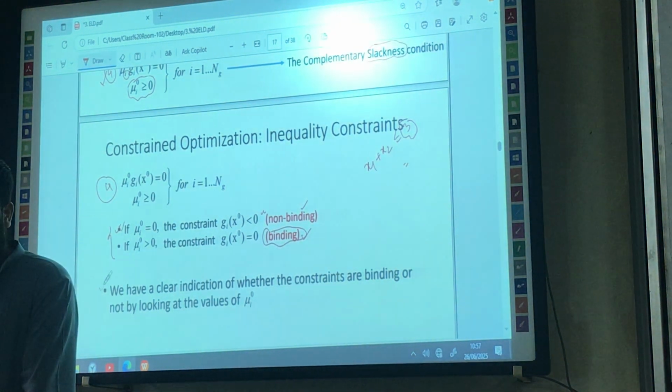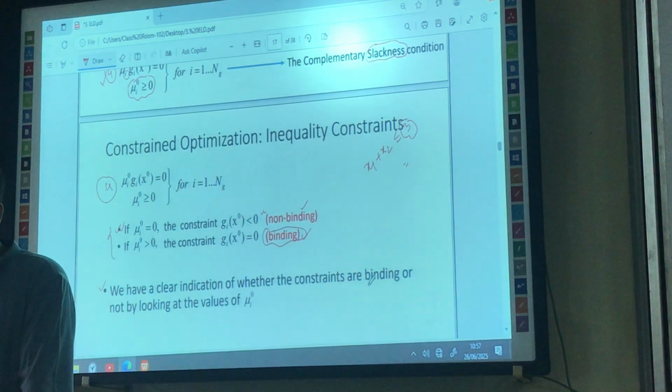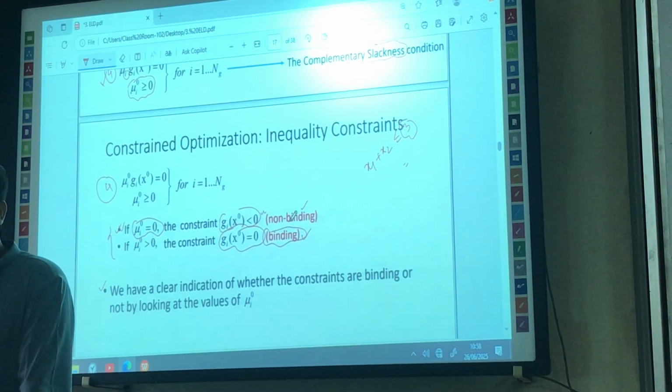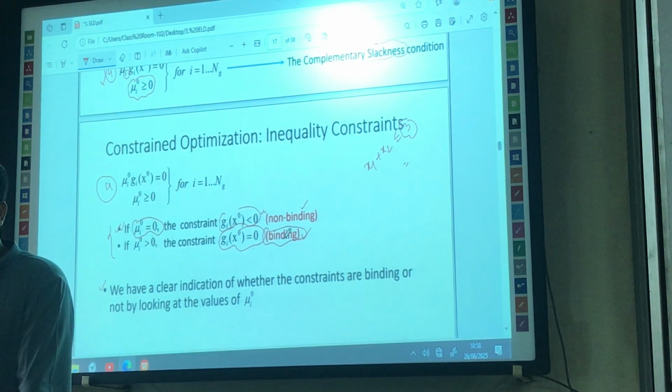Then we have a clear indication of whether the constraints are binding or not. We get the clear indication by observing the value of mu, right? Because if mu is 0, we will say that our constraint is non-binding because it is less than 0. But if mu is higher than 0, at that time the constraint will be binding, because it will be equal to 0.